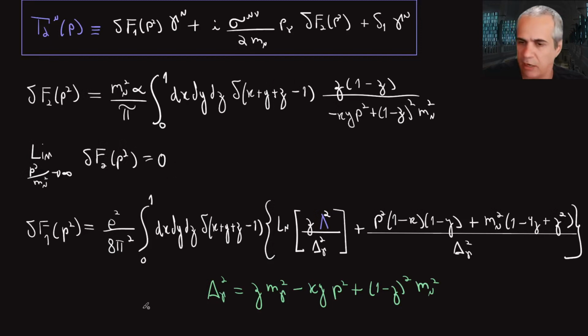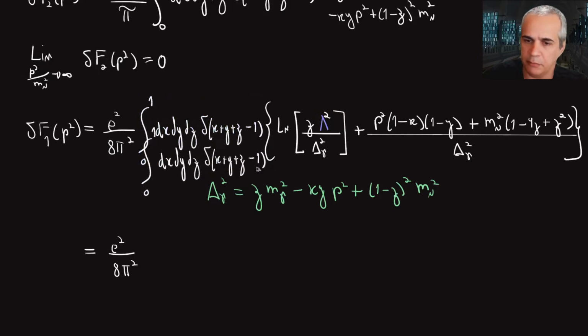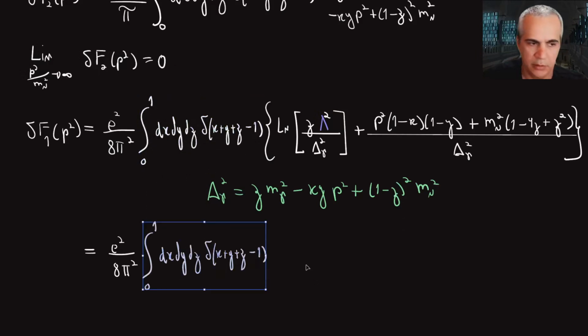Now, we are interested in the ultra-relativistic limit, so we can get rid of the mass of the muon everywhere it's summed with the momentum. So I can just write this q squared e squared over 8 pi squared. Let me copy this thing here.